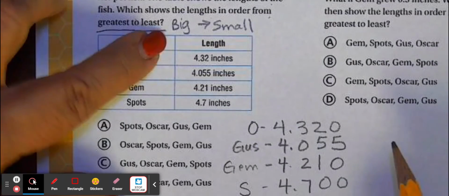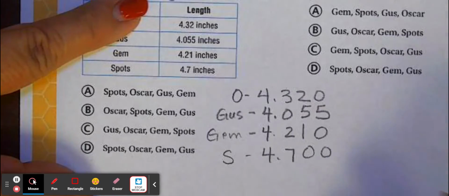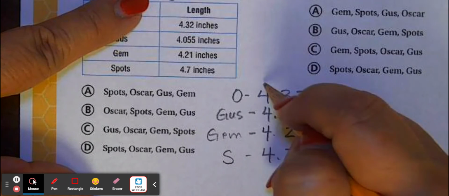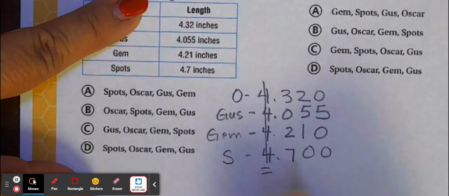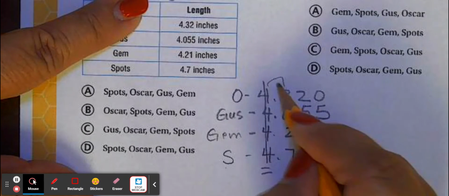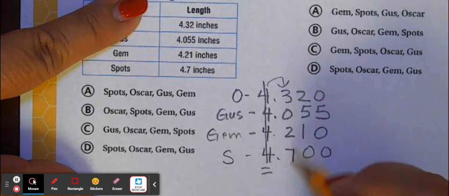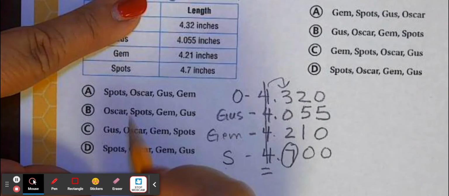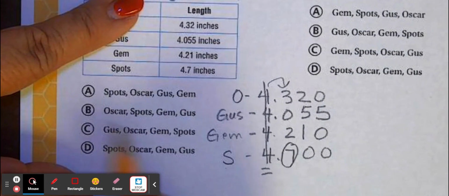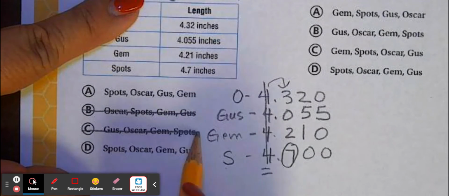All right, I need to go from big to small. Looking at my list, I can see in my ones place, they're all equal. So going to the next place value, I have to look for the largest number. That's 7, so it's going to be Spots. Looking at my choices, I'm going to get rid of the ones that don't have Spots first.